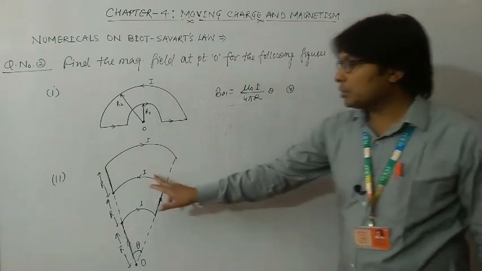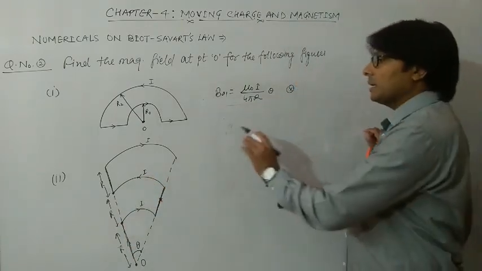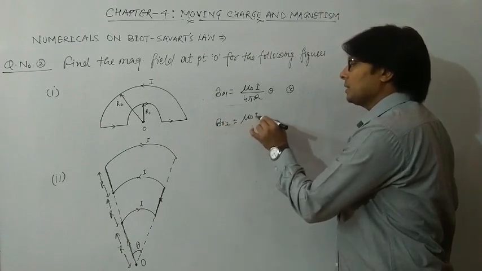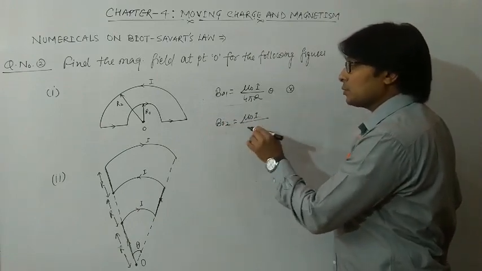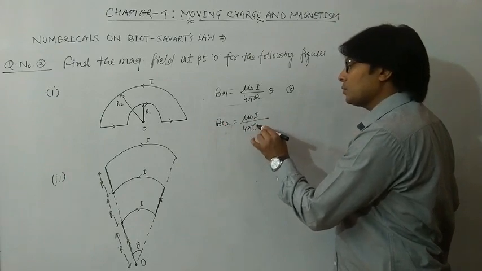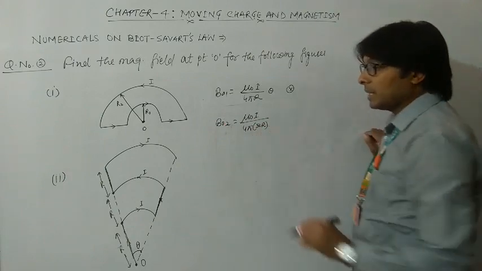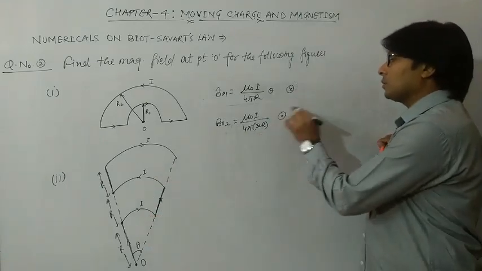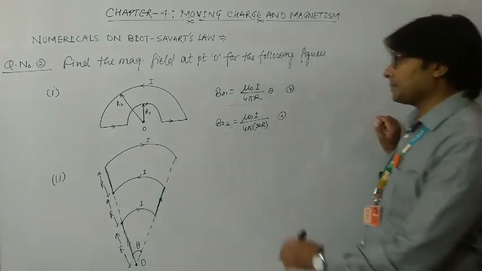Due to the loop whose radius is 2r and current is the same, B02 is equal to mu 0 I upon 4 pi into 2r, and the direction will be perpendicularly outward, which means circled dot.